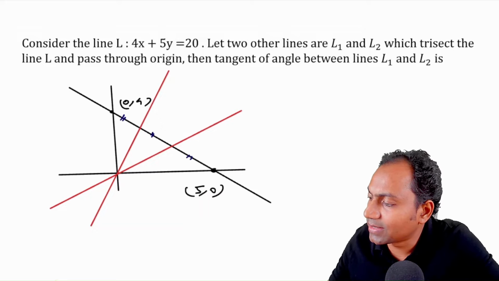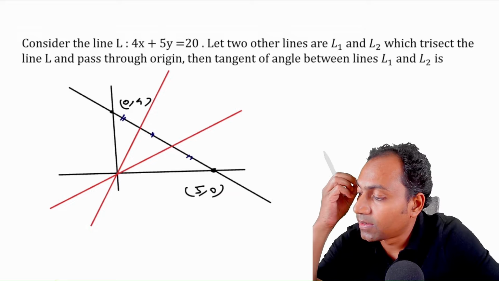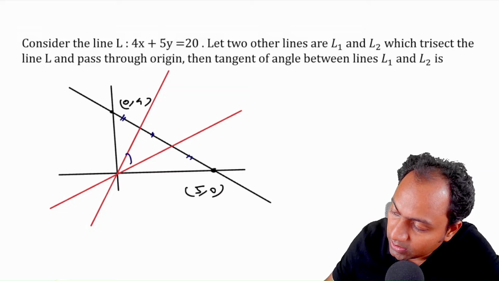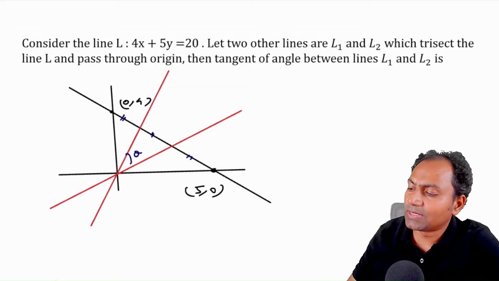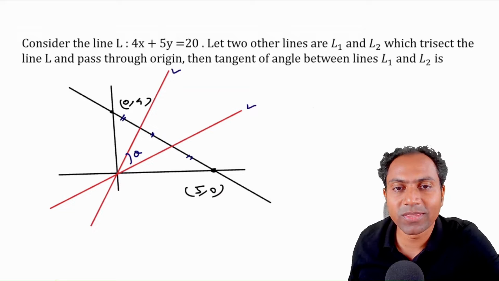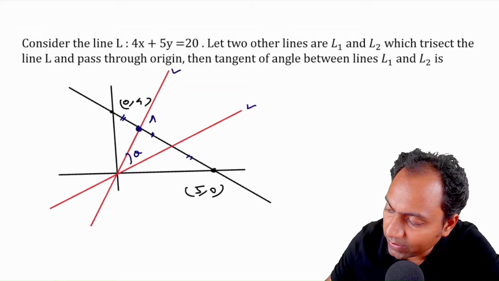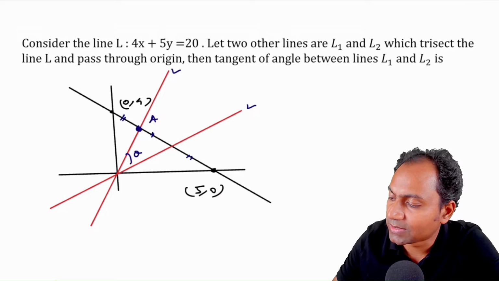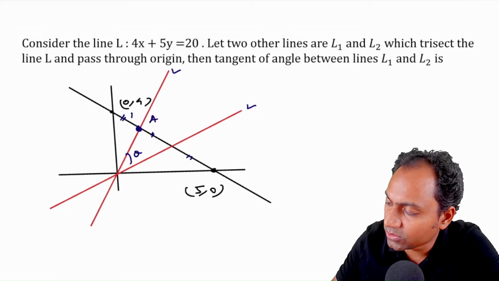So what they're asking is basically the tangent of the angle between these lines. So what they want is nothing but theta. You can see that you will have to find the slope of these two lines and apply the formula of tan theta, and you can get the answer. Now if I want to find the coordinates of this point A, for that I can apply my section formula. This will be in the ratio of 1:2.